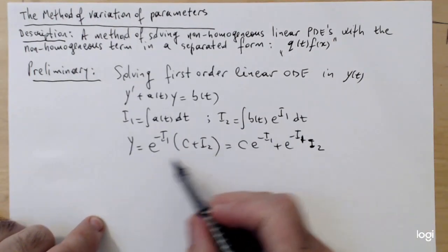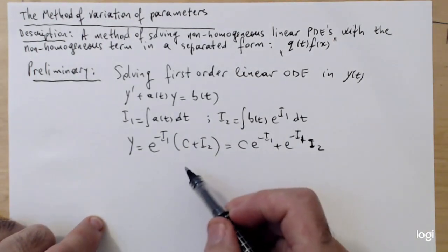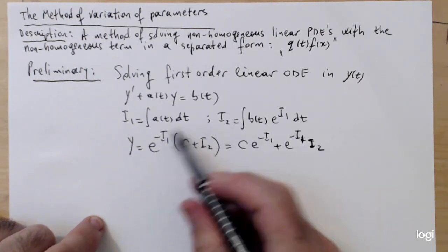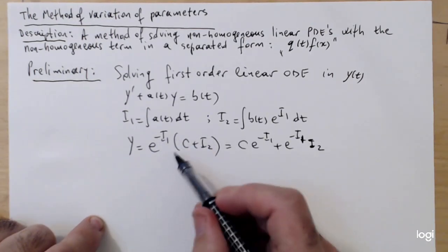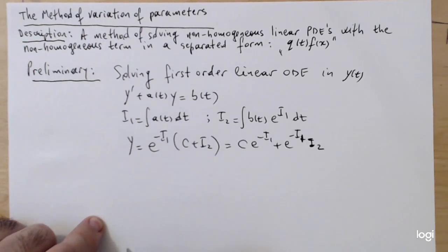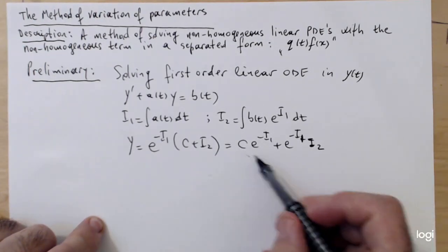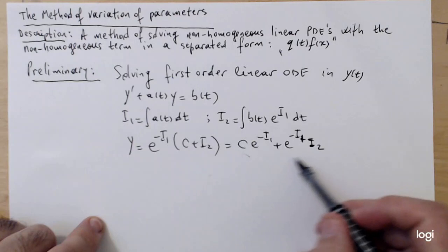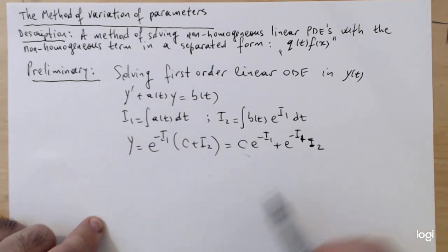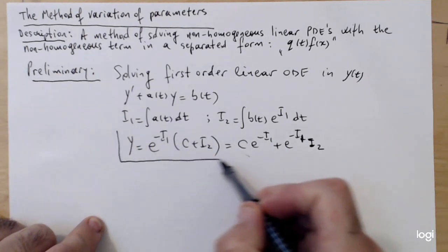Normally I provide the formula in this form because if you have to memorize it, I find it easier to memorize this format, e to the minus I1, quantity c plus I2. But usually distribute the exponential because often this leads to a nicer format for the solution.